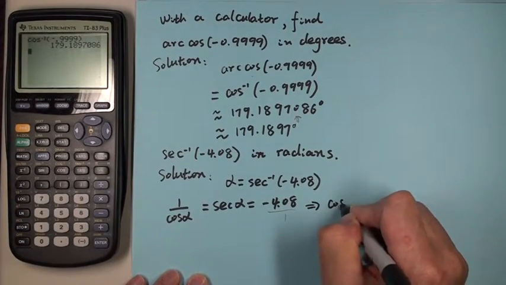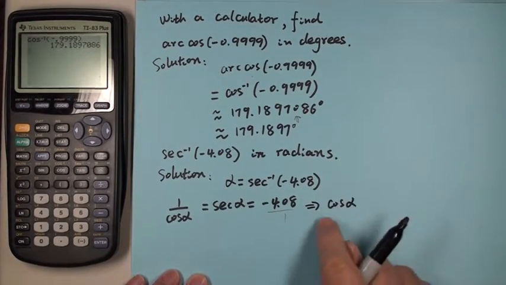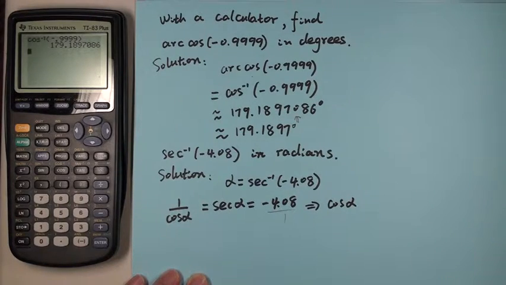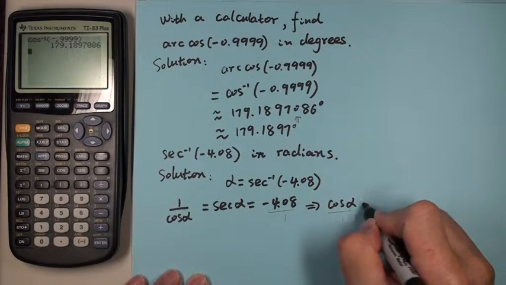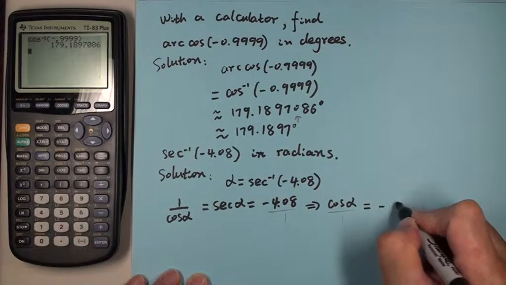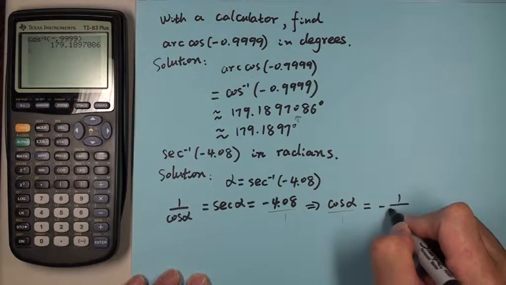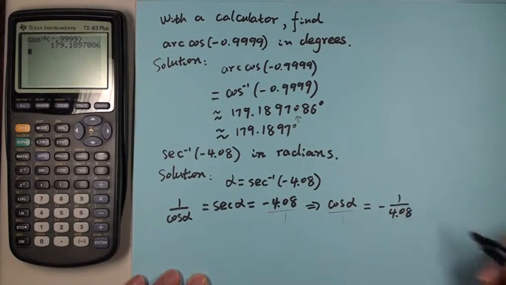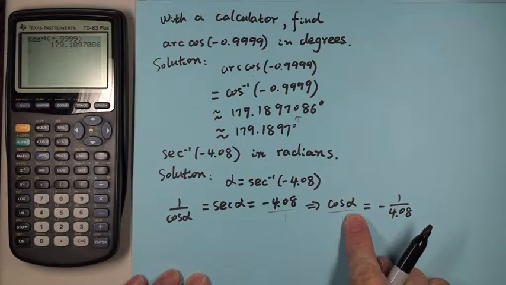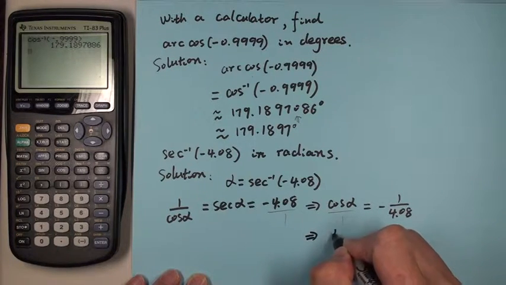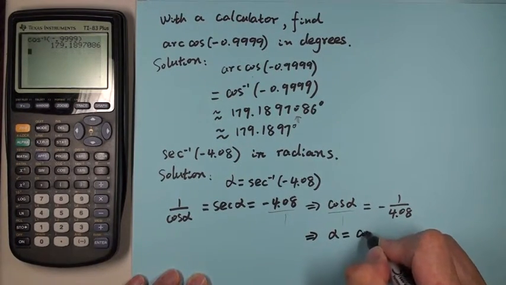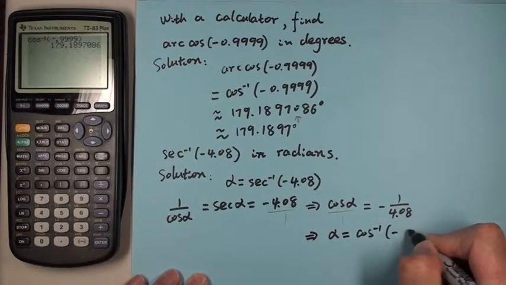We get cosine alpha, you don't have to write over 1, is negative 1 over 4.08. Now you can find alpha by using your calculator. That's alpha equals cosine inverse of negative 1 over 4.08.